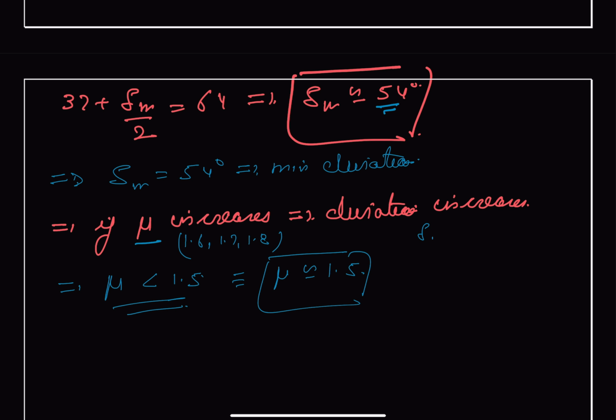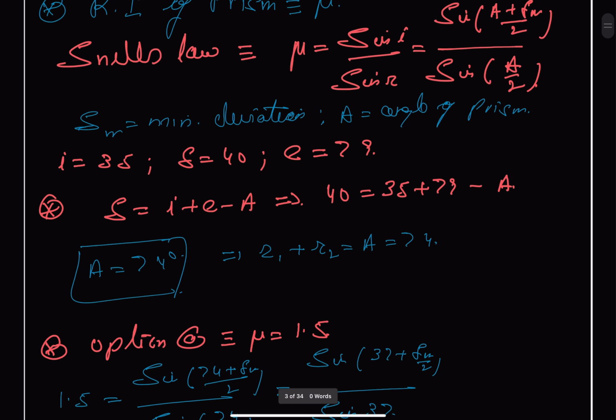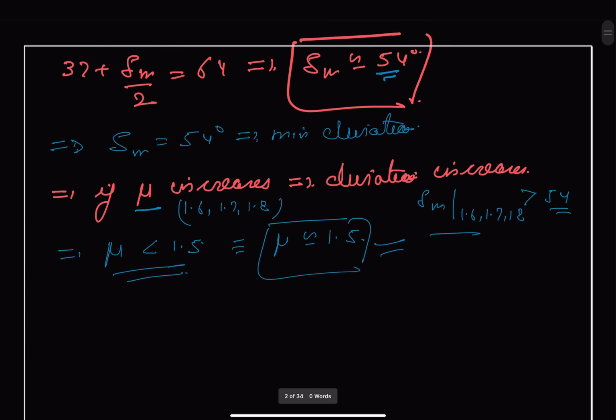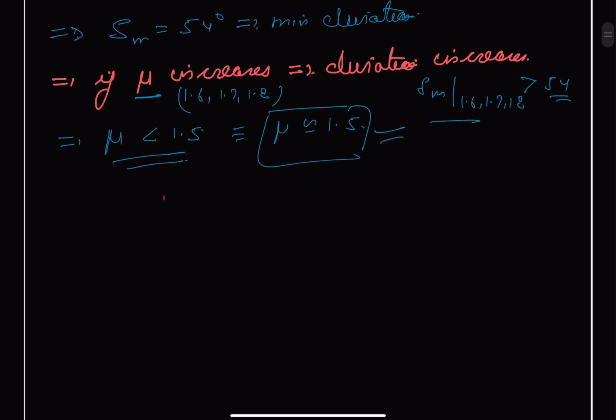So delta m for all these values will be greater than 54. Therefore this is our minimum value, closest is 1.5. So option number A is the correct one. Option A is correct.